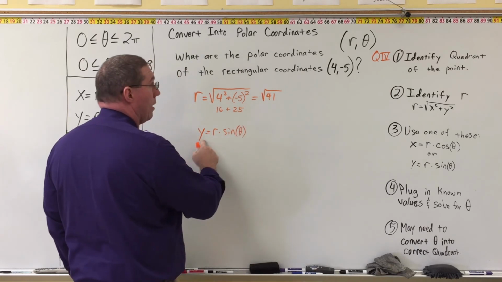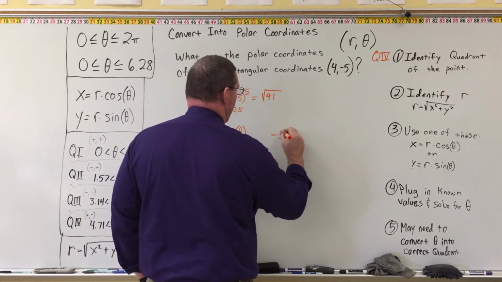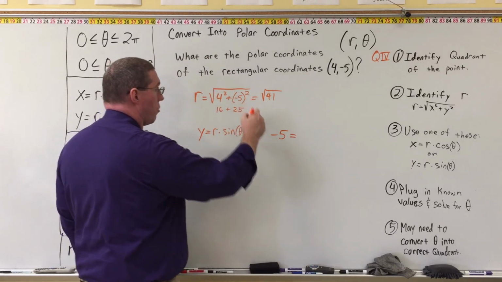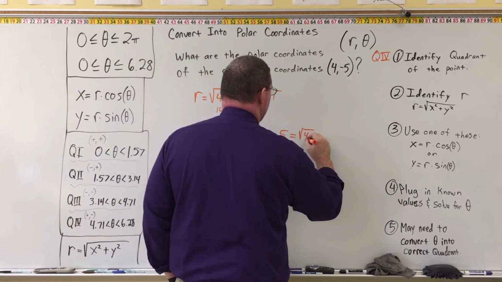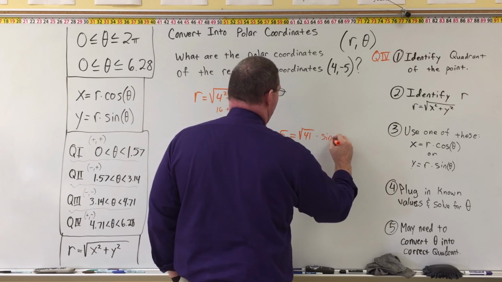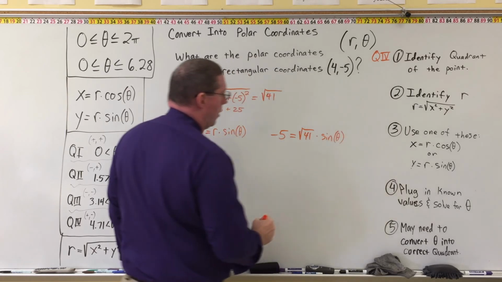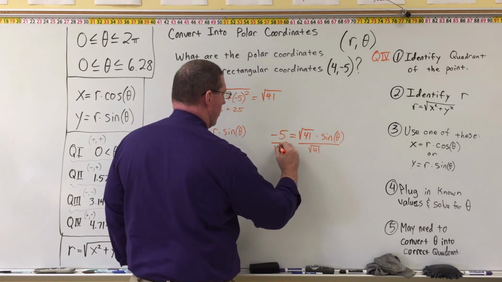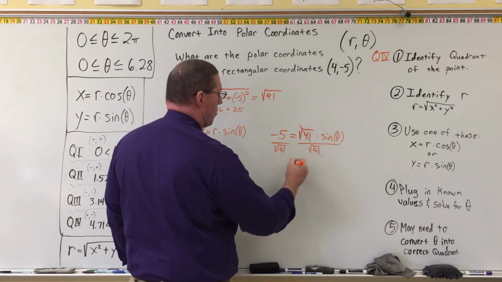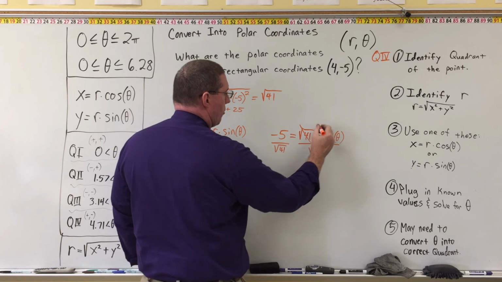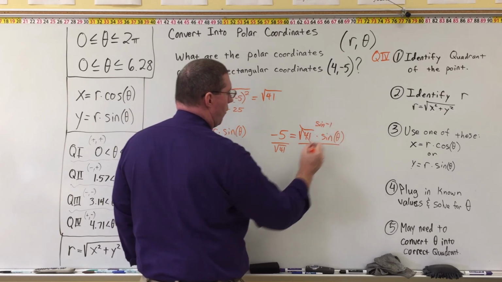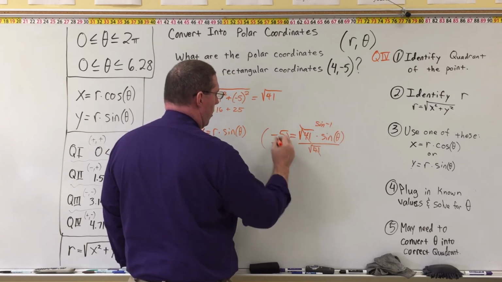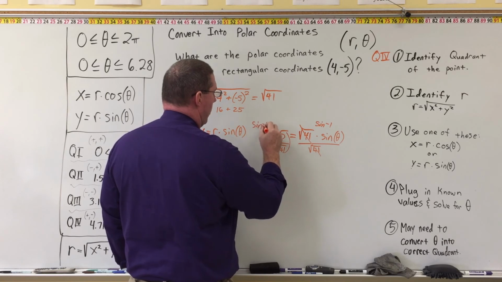Okay, so y in this case is -5 is equal to r, the square root of 41, times sine of theta. Okay? Now we're going to divide by the square root of 41 on both sides. On this side it cancels. Now, to cancel the sine, we're going to do sine inverse over here. And on this side, we also have to do sine inverse.